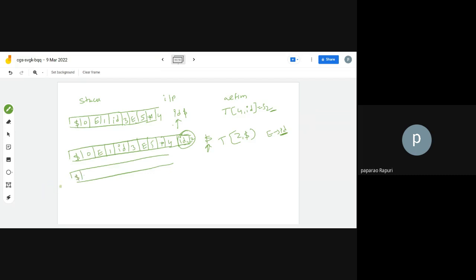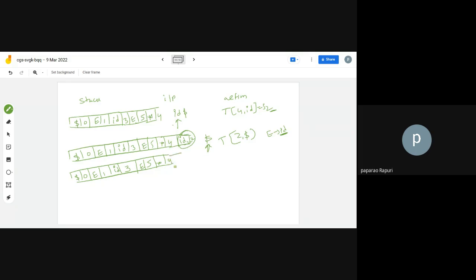By removing these 2, we push E. The stack is $0 E 1 ID 3 ID 3 E 5 star and 4.